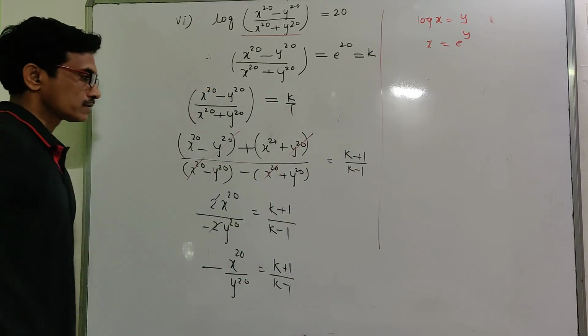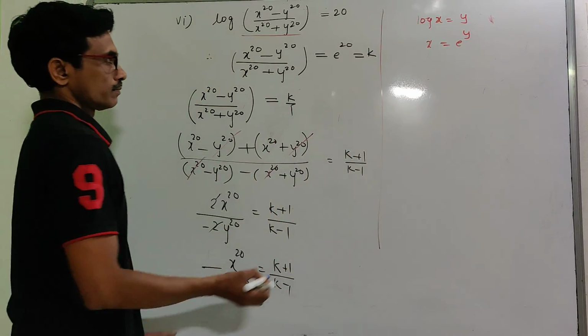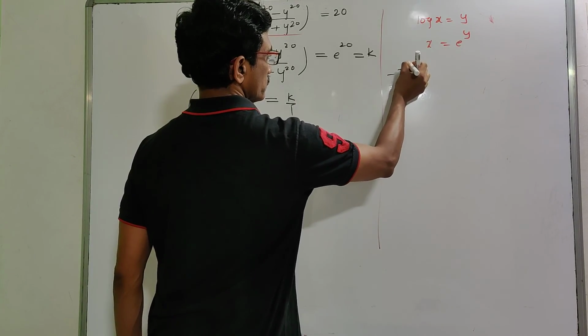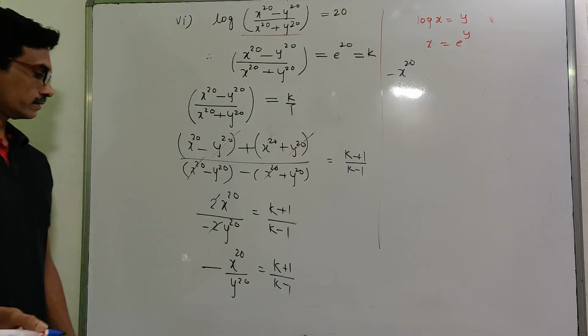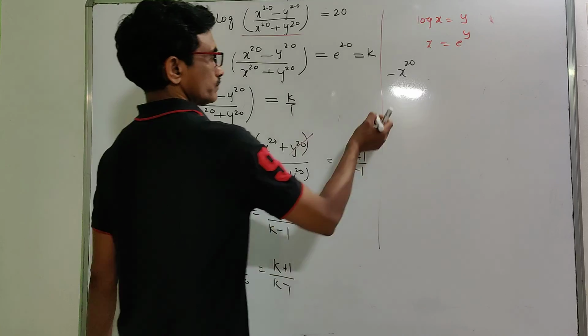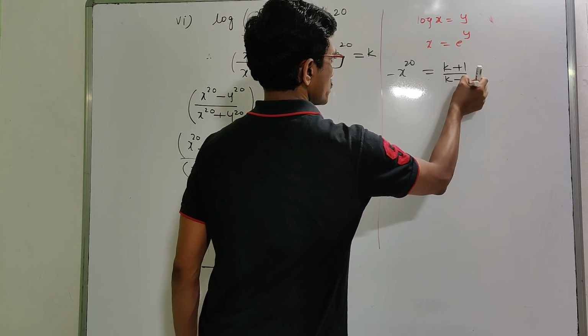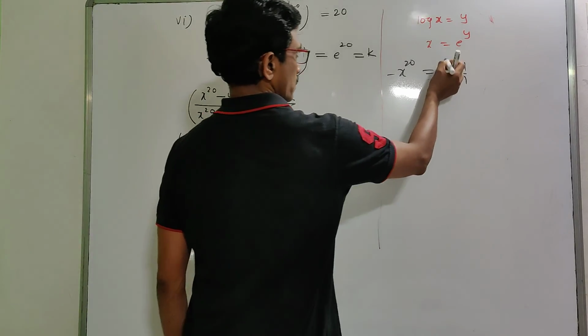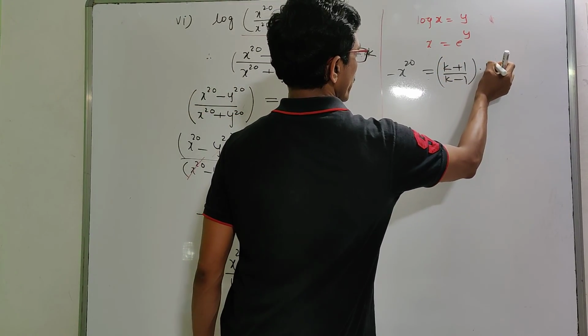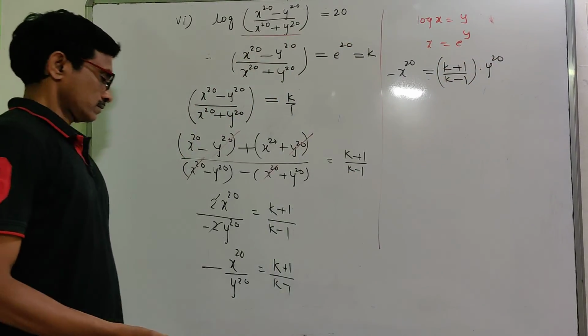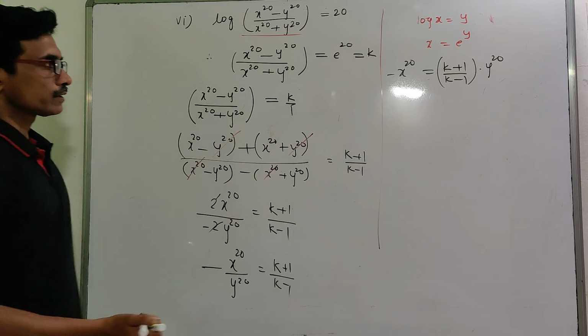Rearrange the terms. So rearranging these terms, minus of x raised to power 20 is equal to (k plus 1 upon k minus 1) y raised to power 20. Now differentiate it with respect to x.